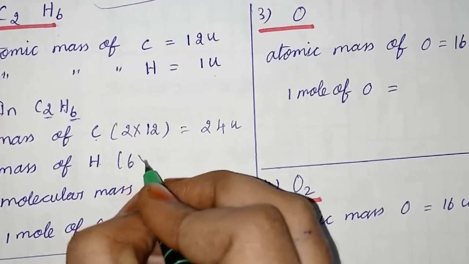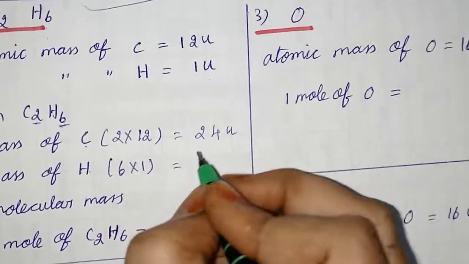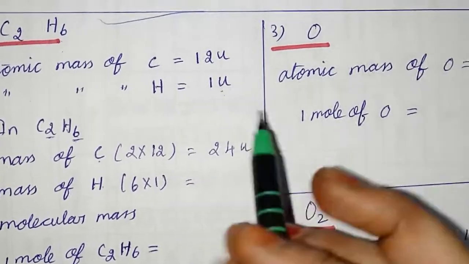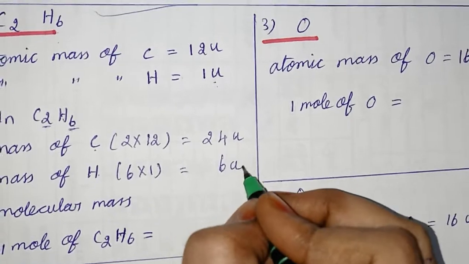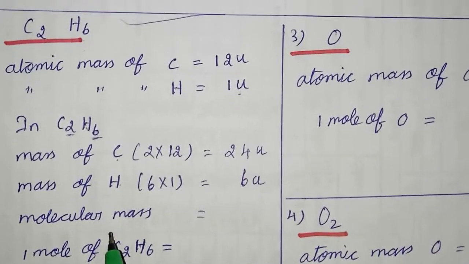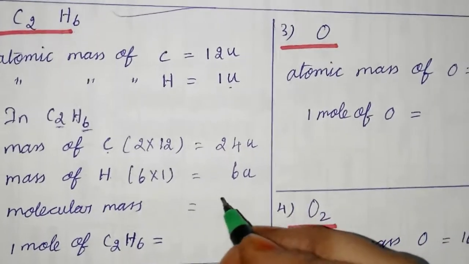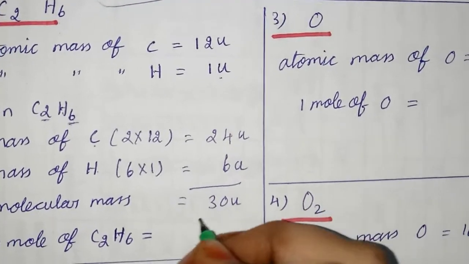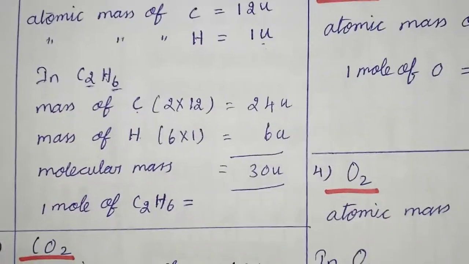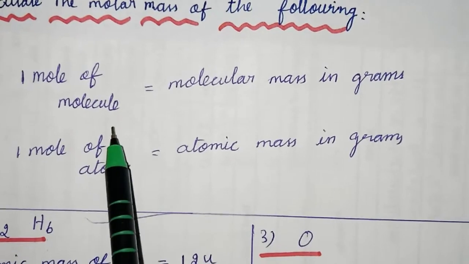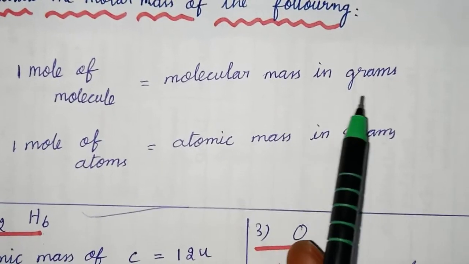So 6 into 1, 1 is the mass of hydrogen, so 6U. Molecular mass is the mass of a molecule. So 30U.